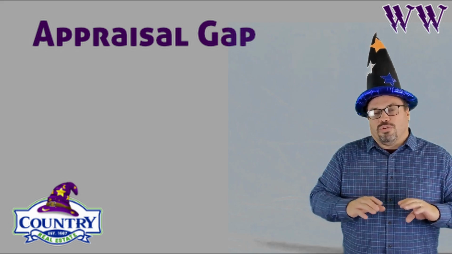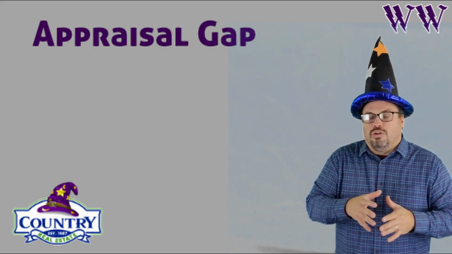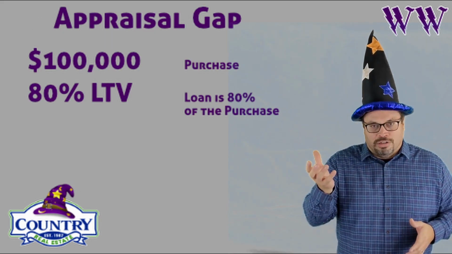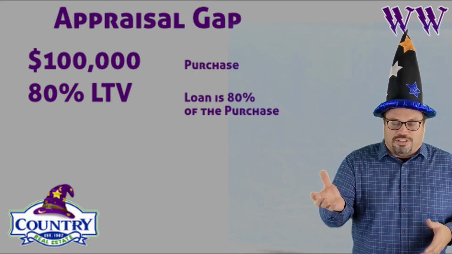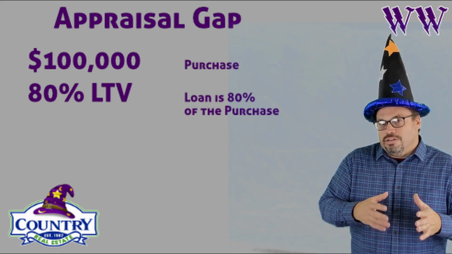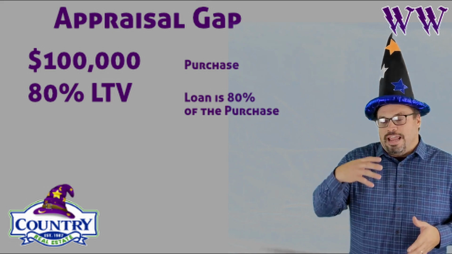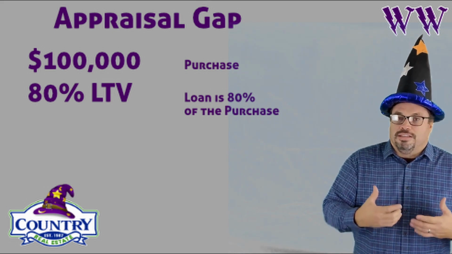So we're going to use really simple numbers today, and we're going to use really basic loan structures. So if we're going to use a $100,000 loan or a $100,000 offer, which, as you know, in this market really doesn't exist, and we'll talk about a loan that is an 80-20 loan. So this is 80% loan to value, 20% is the down payment.